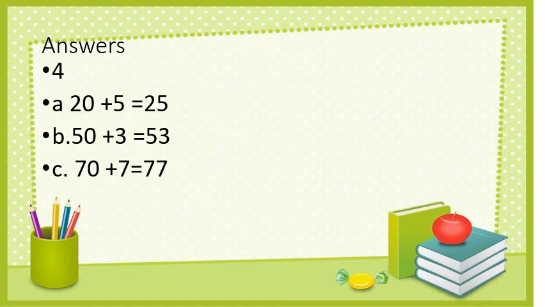Now children, next question, question 4, write in the short form. Children, in this question, expanded form of a number is given and you have to write its short form. So look at the first part. 20 plus 5. Children, here you will see that there are two tens.